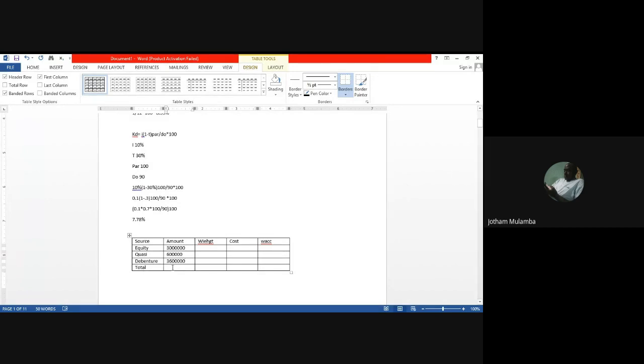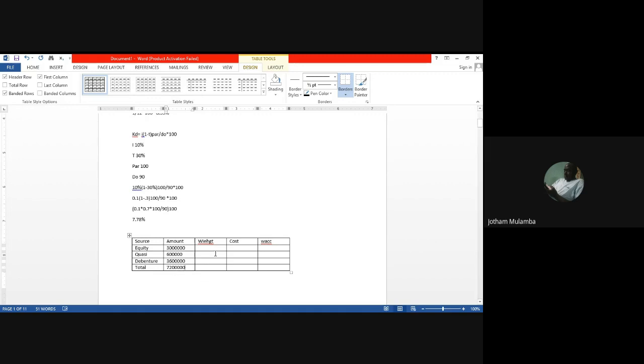So now, can you add to get the total capital that was raised? That's 3 million plus 600,000 plus 3,600,000. What's the answer? 7,200,000.